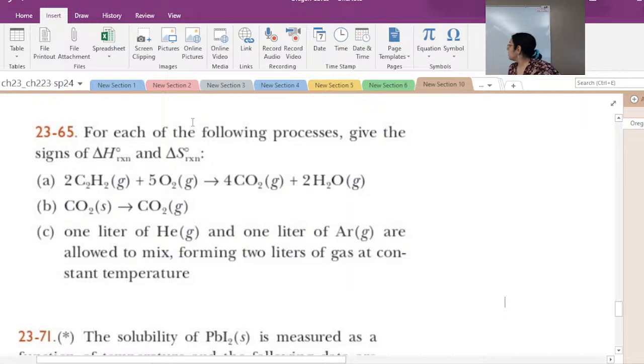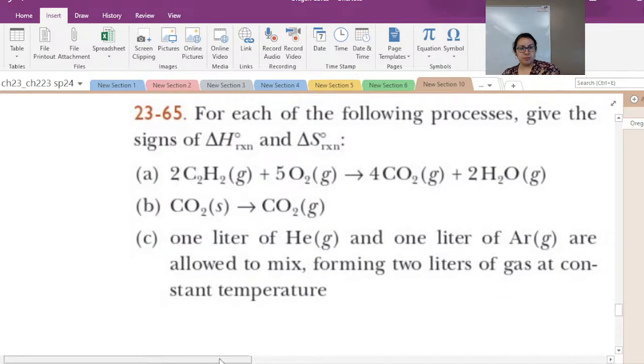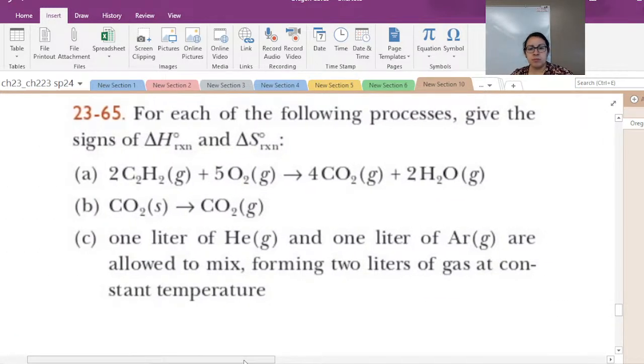And for A, you shouldn't have to start looking at values or anything. So just think through what reaction it is.